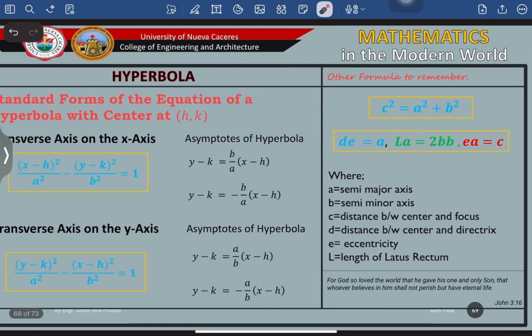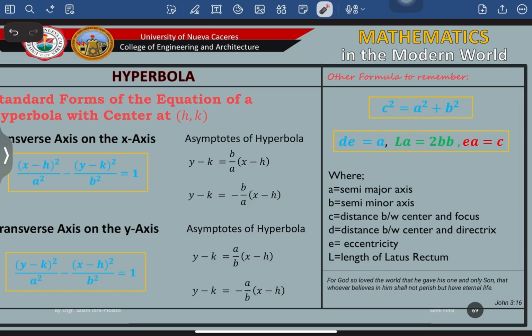Then the formula to determine the C, so that is the distance from the center to one of the foci. So, unlike the ellipse, C squared is equal to A squared plus B squared.